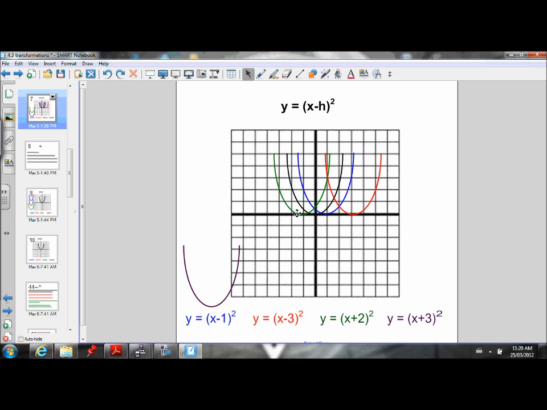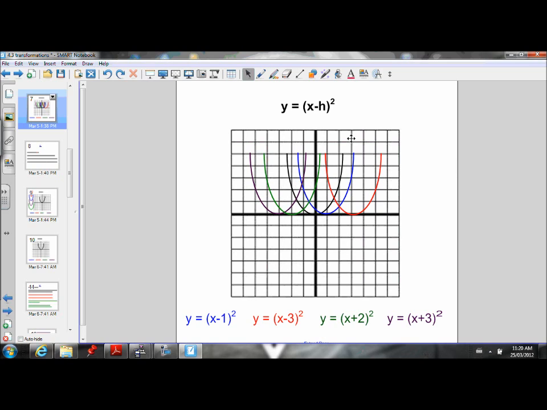And then at this point, you can probably see the trend. y equals (x plus 3) squared is going to move 3 units to the left. So those are all the graphs that you should have drawn on your investigation handout.